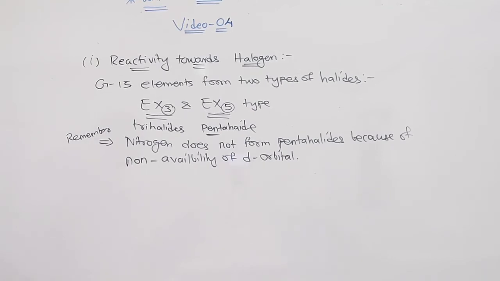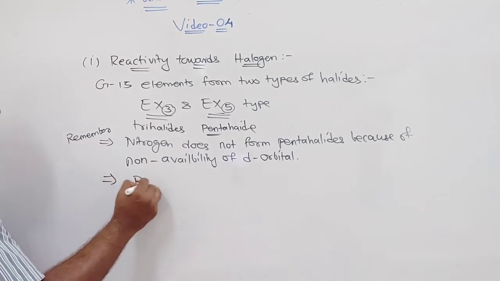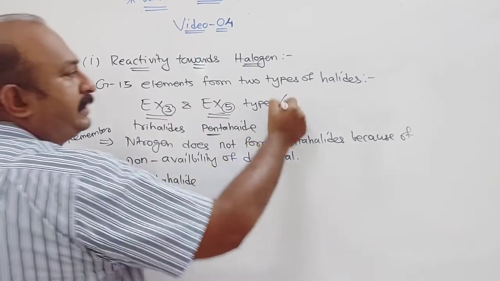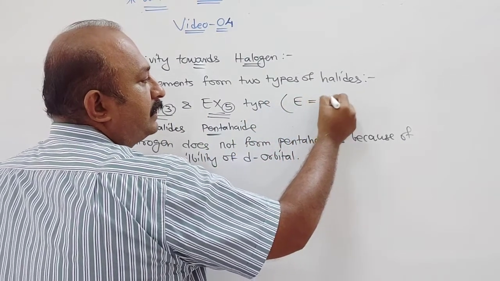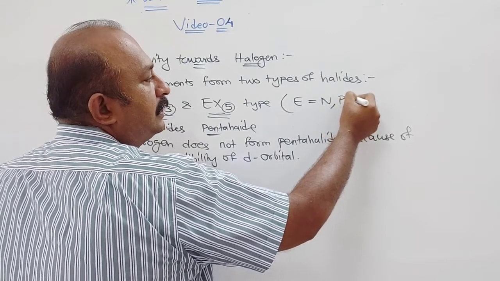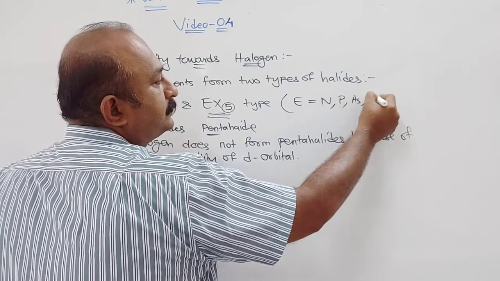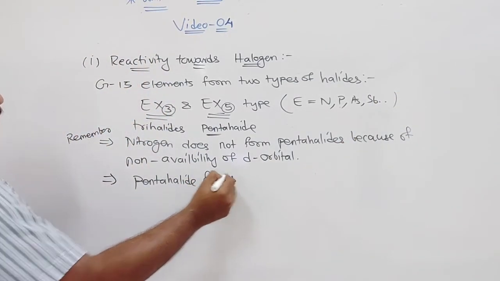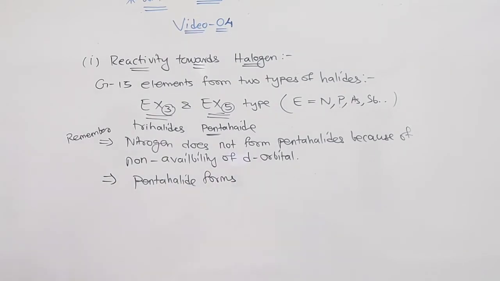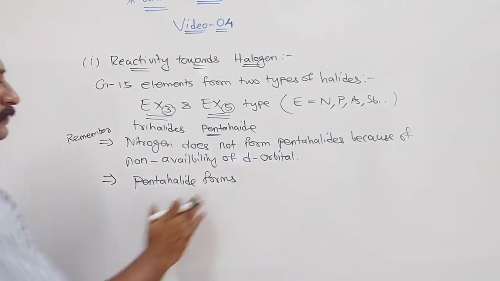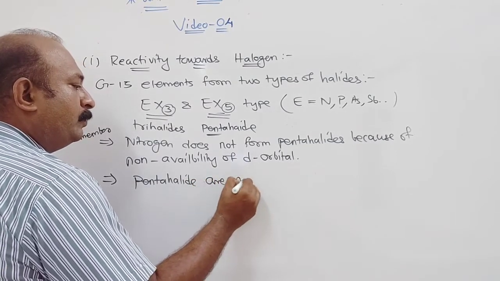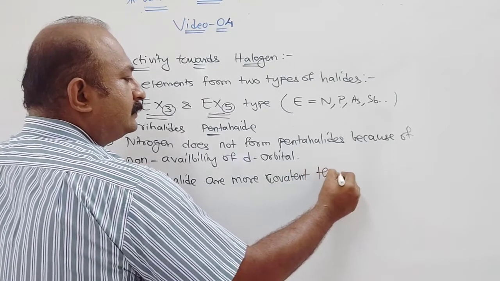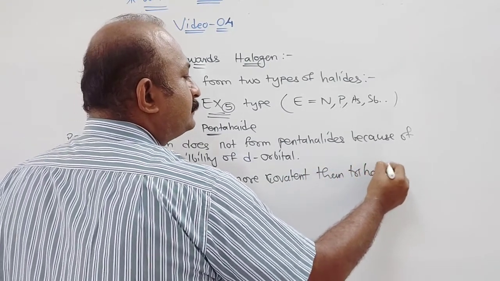Then another thing, that is pentahalides, this type of halides. E can be nitrogen, phosphorus, arsenic, antimony. Pentahalides, penta is 5, are more covalent than trihalides.